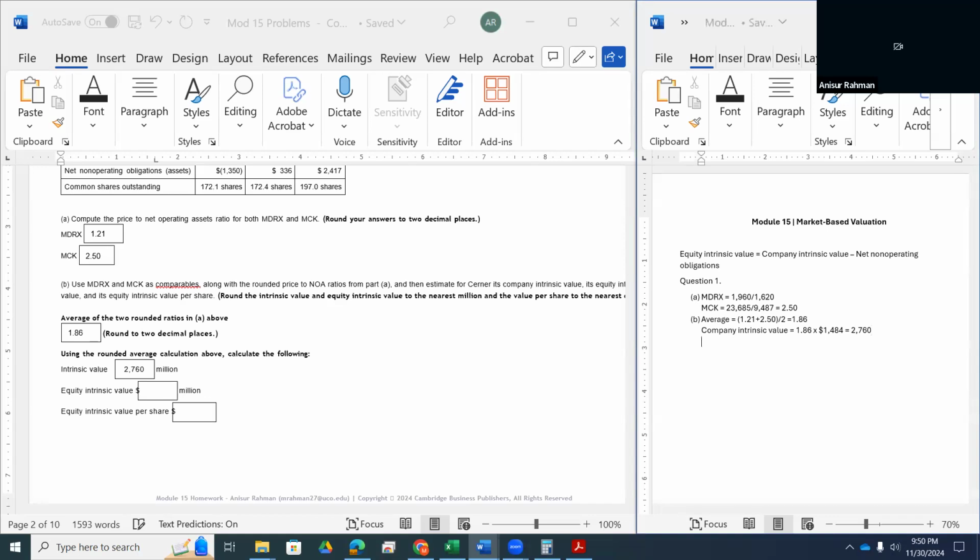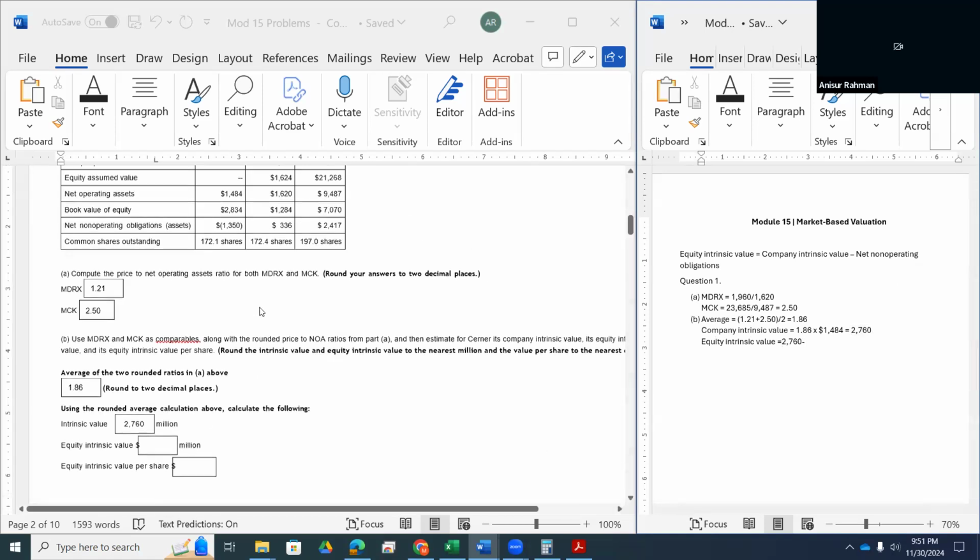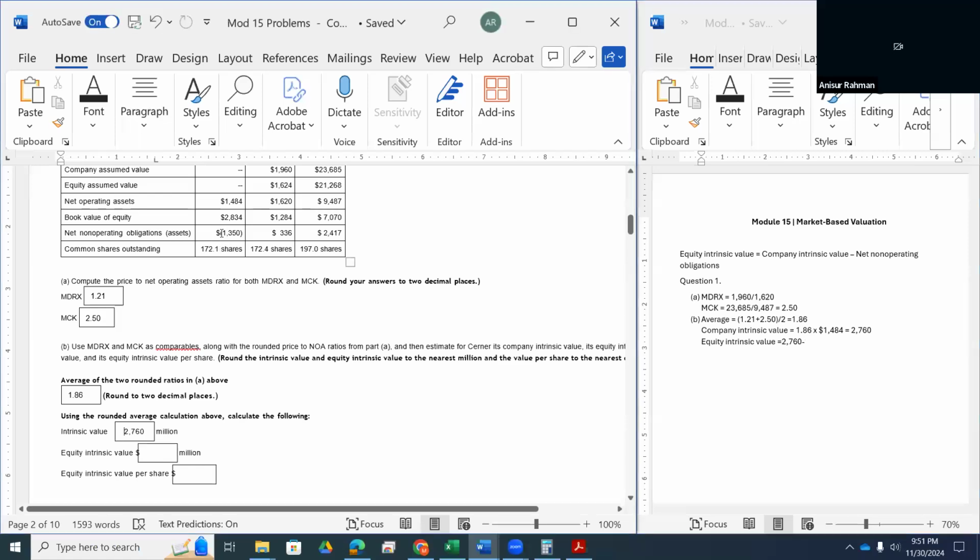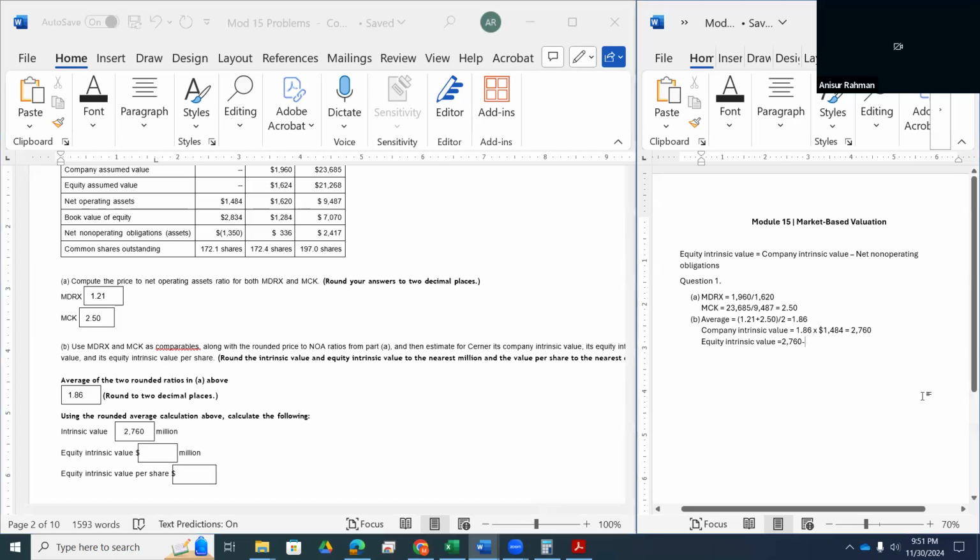So equity intrinsic value is equal to 2,760 minus our net non-operating obligation. So this is within parentheses, so that means it is a minus, so minus 1,350. So that basically means plus.